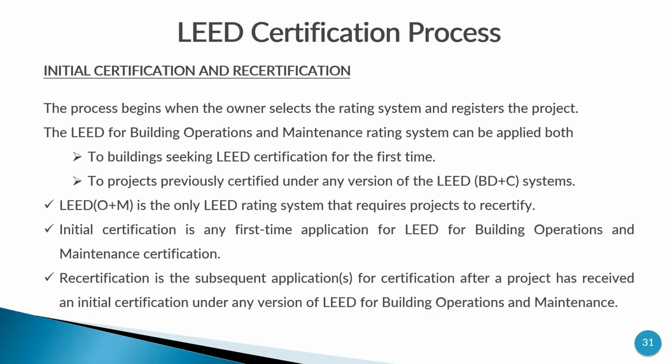Then till 2025 it is valid, right? Again in 2025 you need to reapply. And when you are doing again the establishment period and the performance period, you need to show an improvement in the reduction in energy consumption. But after a certain level, it will stop at a certain level. You cannot further reduce it.